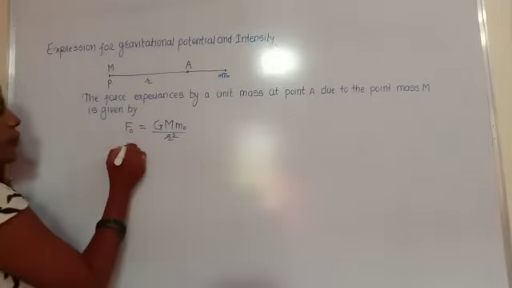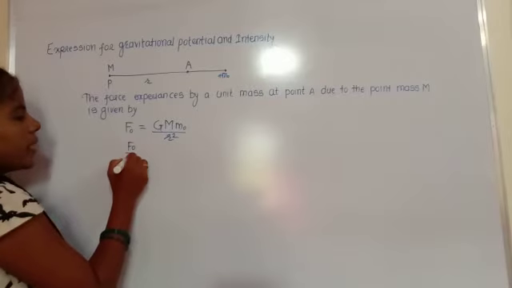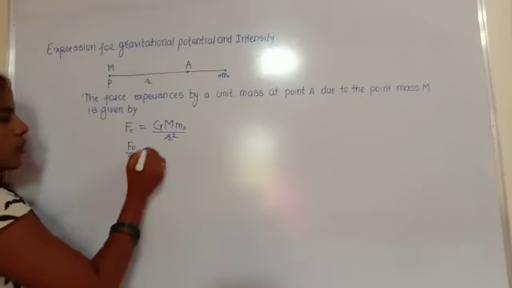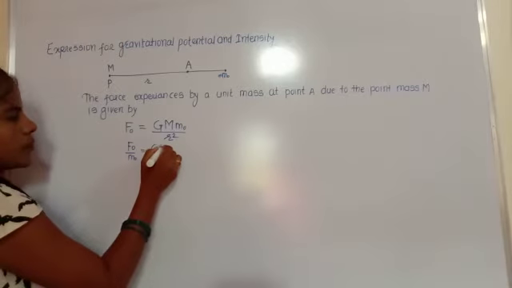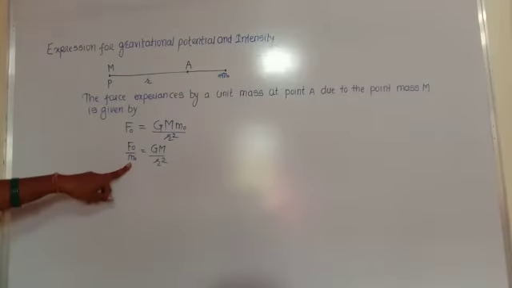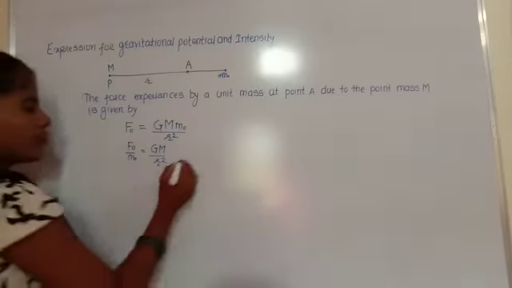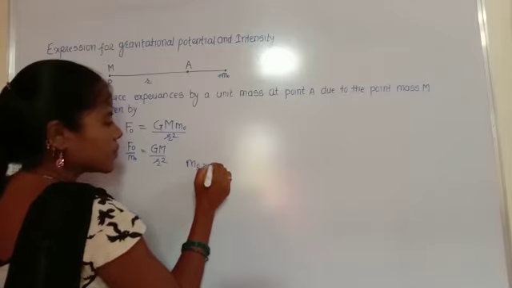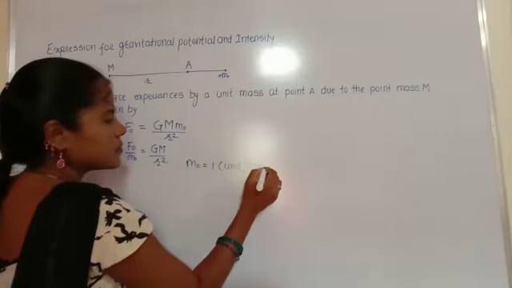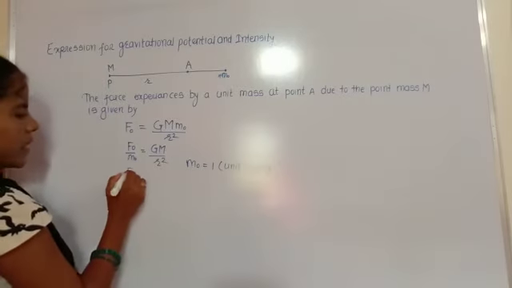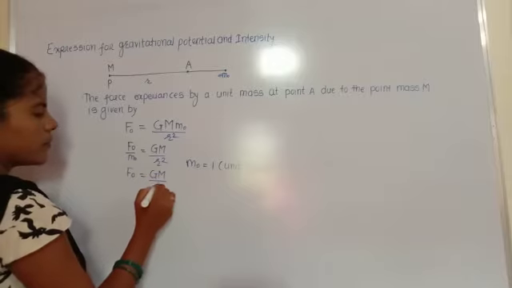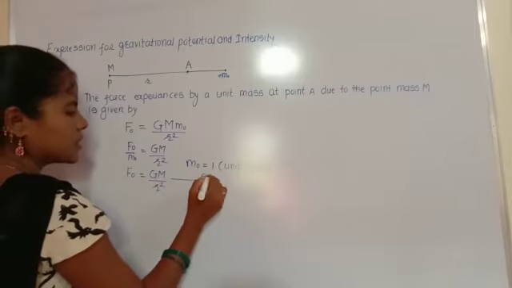If we divide F0 by m0, we get G M divided by r square. As this is the unit mass, m0 is equal to 1. Therefore this F0 is equal to G M divided by r square. This is the first equation.